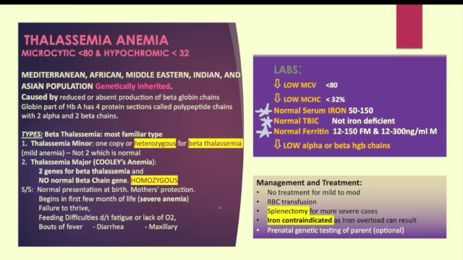So again, thalassemia anemia is found mostly in patients of Mediterranean background, but African, Middle Eastern, Indian, and Asian populations all have the trait of this. And it's caused by reduced or absent production of beta globin chains, and the globin part of HbA has 4 protein sections called polypeptide chains, with 2 alpha and 2 beta chains that we talked about in the last slide.